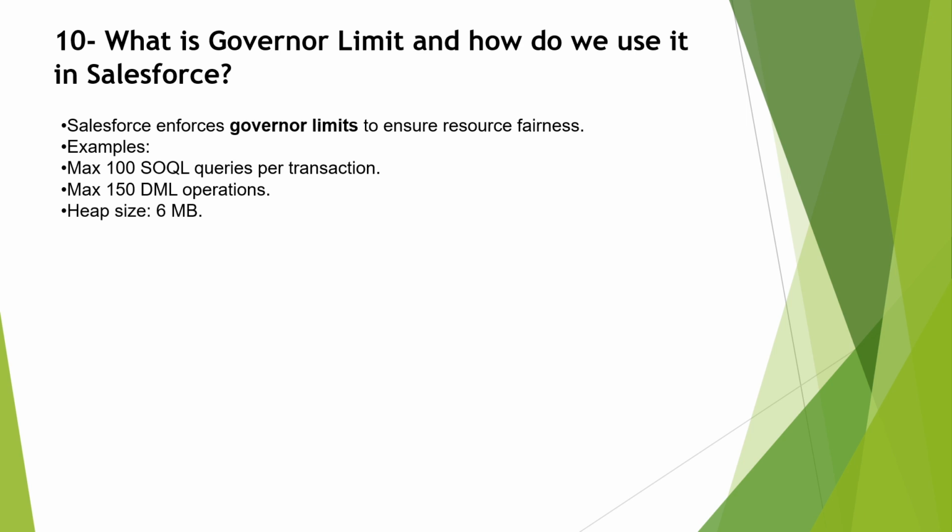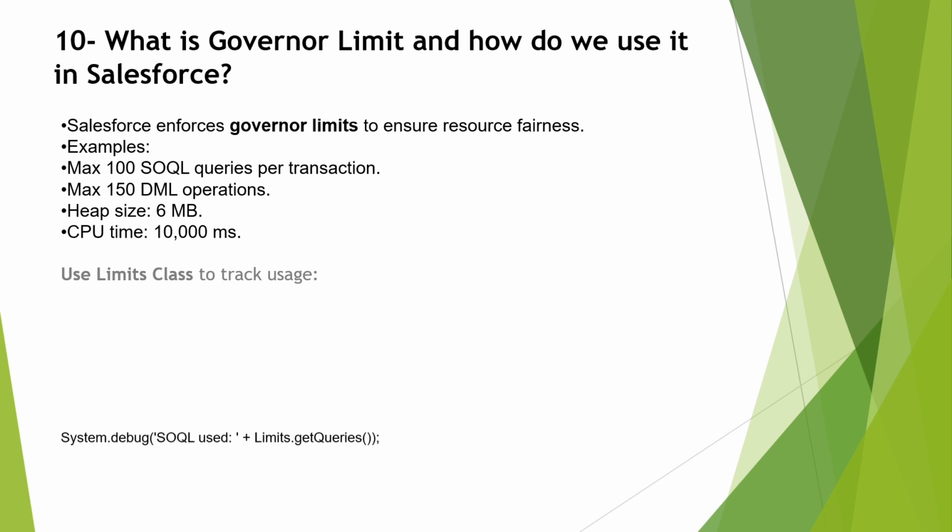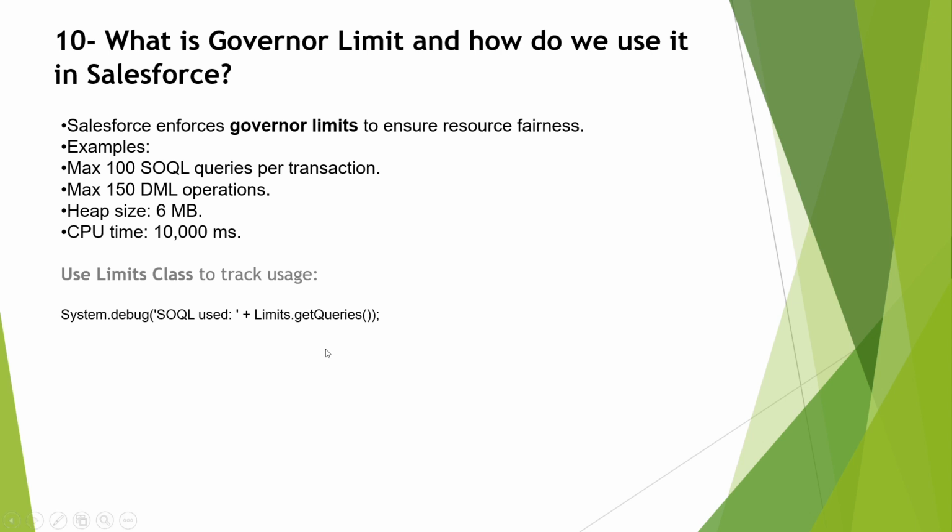Heap size 6 MB only is given by Salesforce for this, and CPU time 10,000 milliseconds. There is a suggestion to use the Limits class to track usage, like System.debug with Limits.getQueries. With this syntax we can track our usage, how many resources we have used, and what resources we are using.